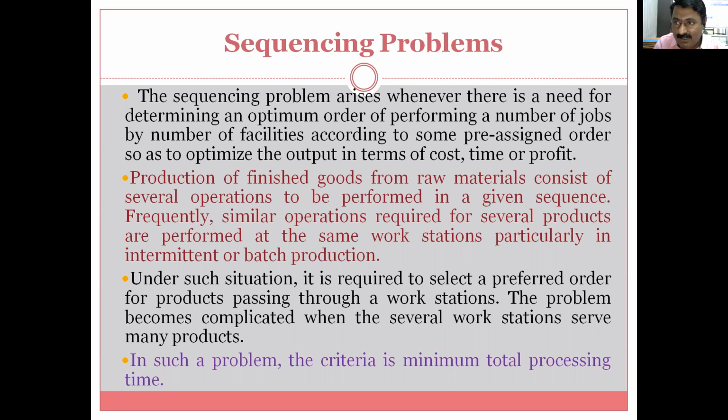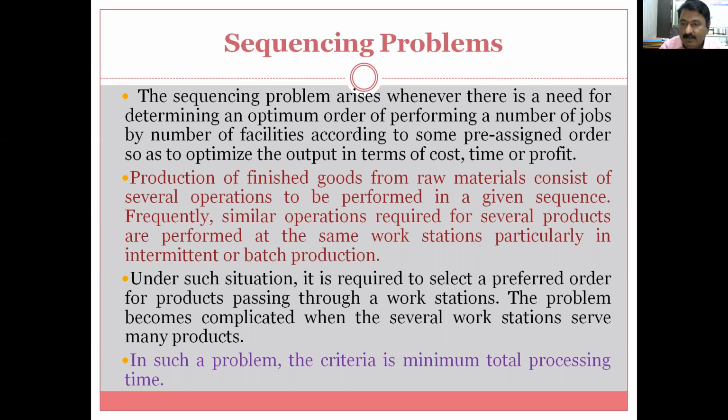The company's cost also should be optimized, the delivery time should be optimized, and if you optimize this, ultimately profit will be optimized. So this is the sequencing problem. If 10 jobs are arriving for 1 or 2 machines, then the sequence should be done in such a way as to achieve these cost, time, and profit goals.